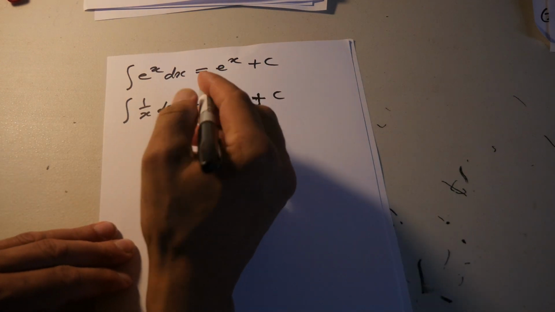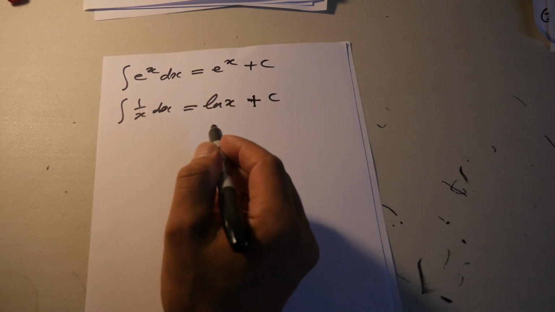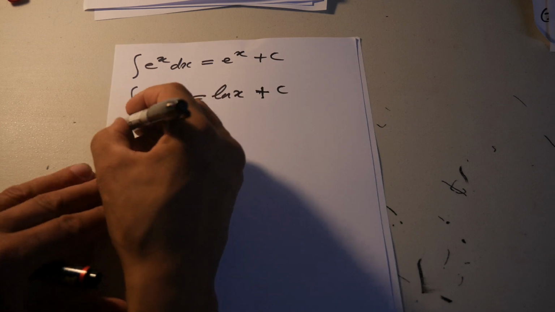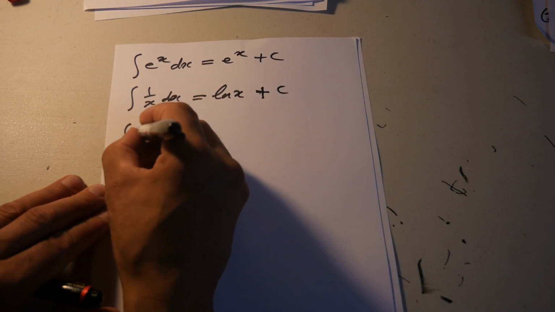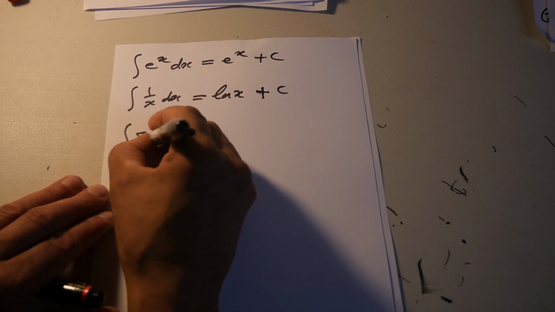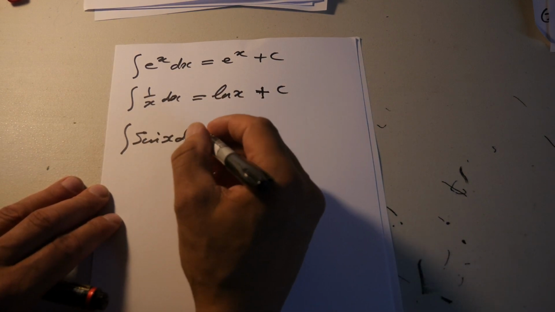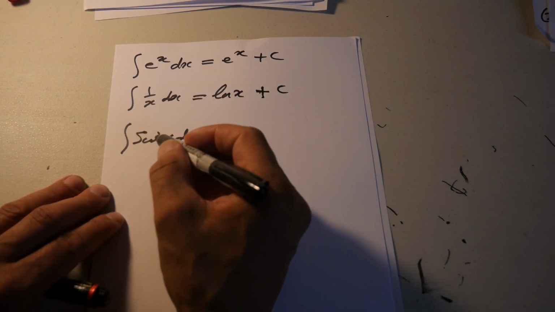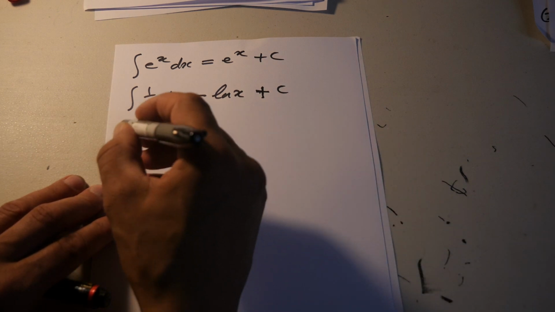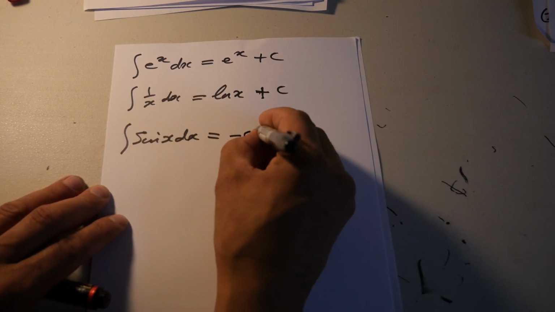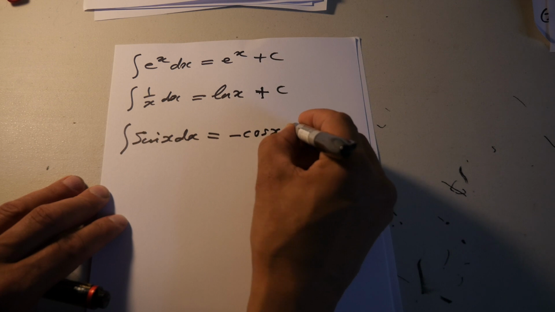The explanation of dx I'll come to briefly in a minute. The integral of sine x dx: the derivative of cos is minus sine, so the integral of sine x is minus cos x, plus c.